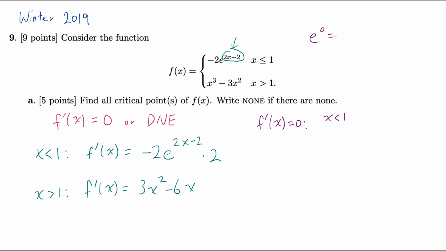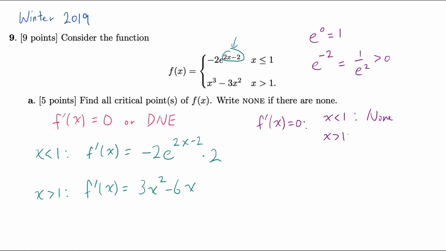E raised to the 0 power is 1. And when I raise e to a negative number, this is the same as 1 over e squared. So that's still positive. So e to really anything is positive. So we know when I multiply that by negative 4, you're not going to get 0. So here when x is less than 1, you don't get any critical points.